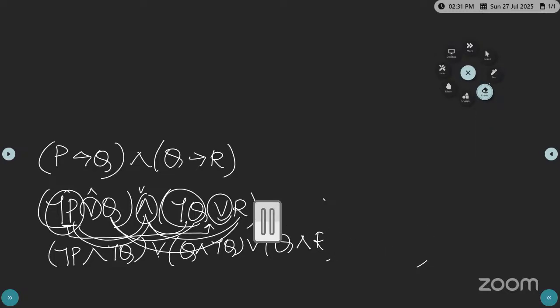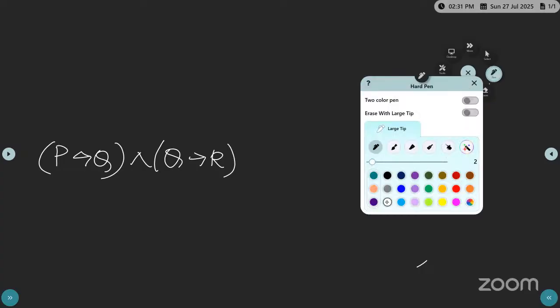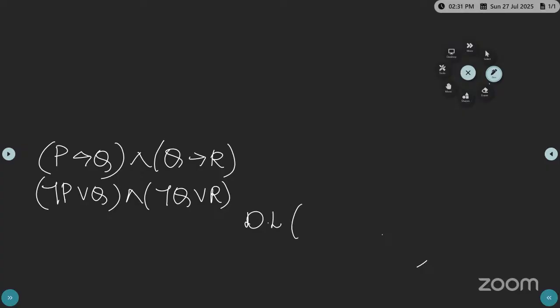I'll do it, wait. See here, I'm writing it as negation P or Q and negation Q or R. Next, I'm writing according to distributive law, we are distributing negation P. Clear? So in this first step, I'm distributing negation P with this. It will become negation P and negation Q. Antena?